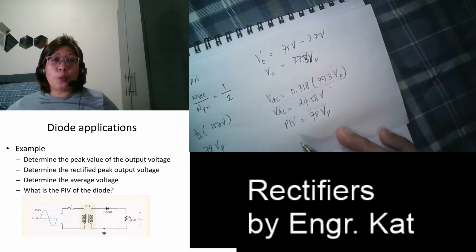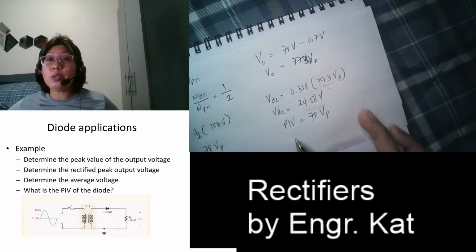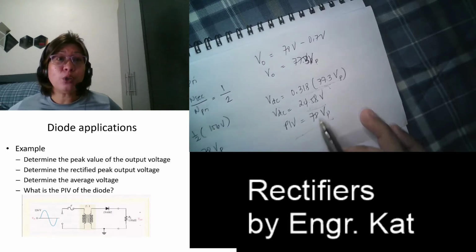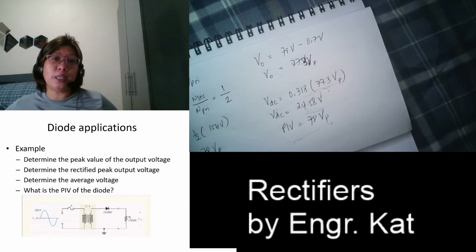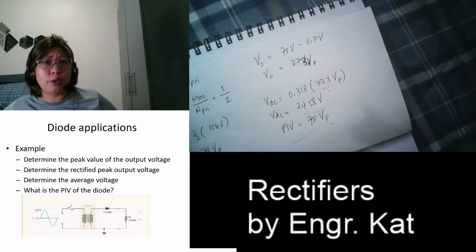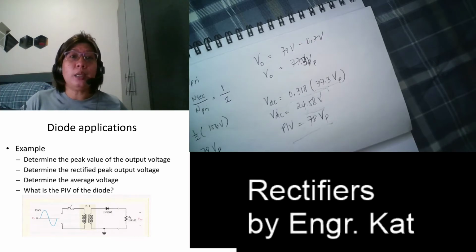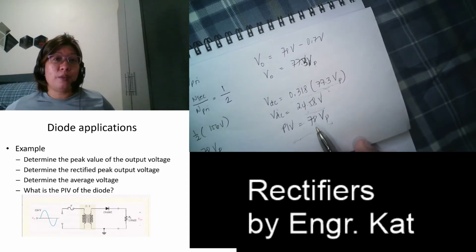And lastly, what is the PIV of the diode? So the PIV of the diode is equivalent to 78 volts. Why not 156? Because negative 156 will not be experienced by the diode. Okay, so what will go through the diode during the reverse bias condition or during the negative half cycle is the negative 78 and not the 156.